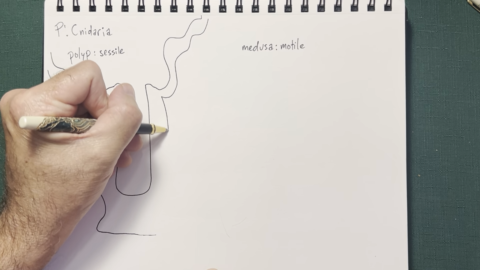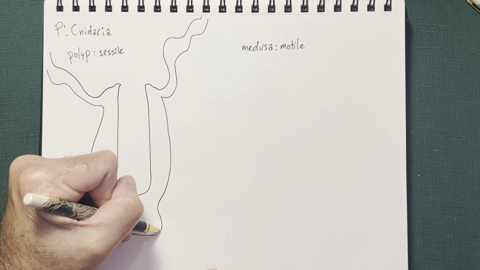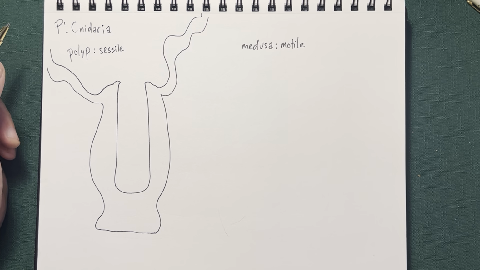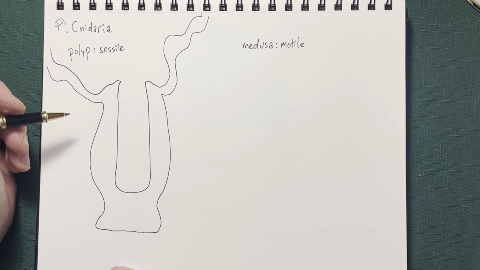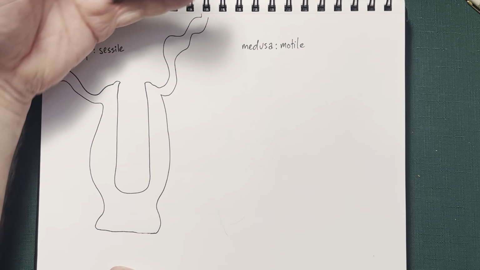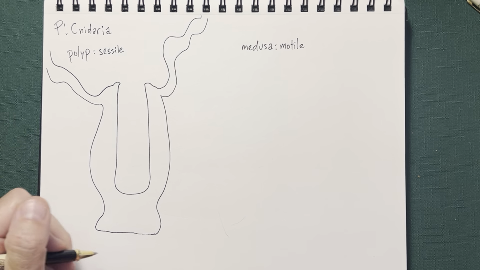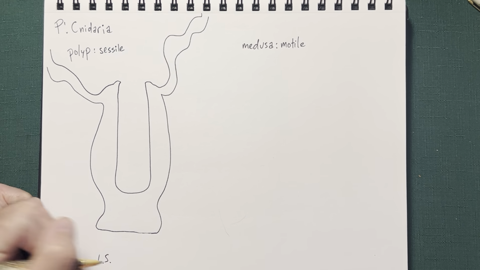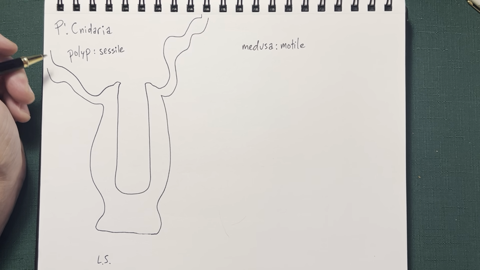It's more or less symmetrical. It's the way it's supposed to look. So imagine we're looking at a sea anemone from the side, and it's been sliced in two. So this is the polyp form in a longitudinal section. LS is what that is.